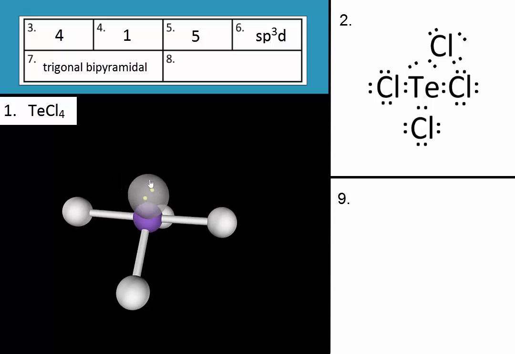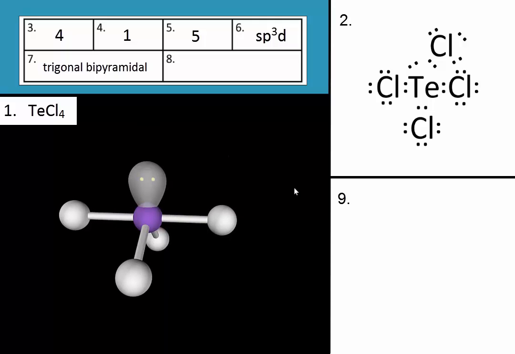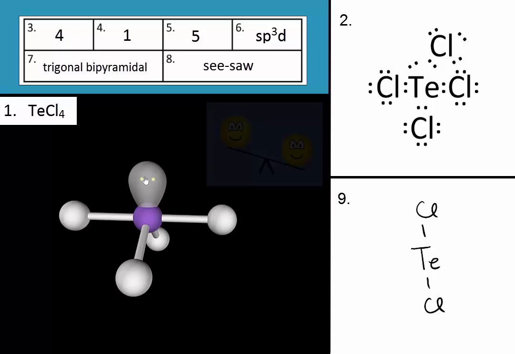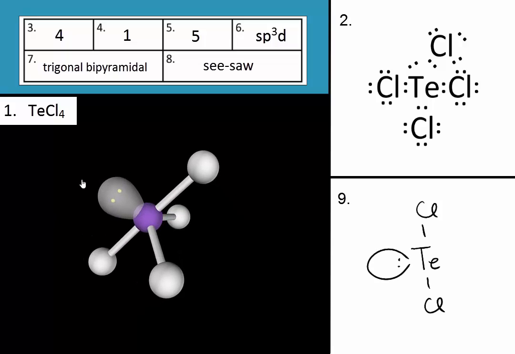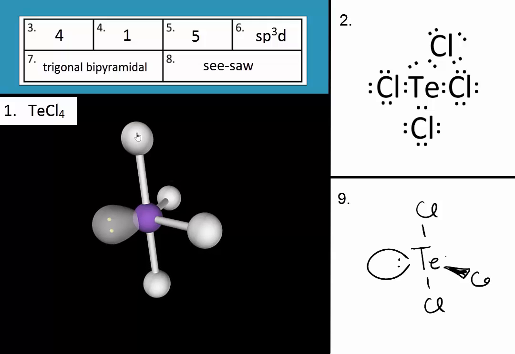This molecular geometry is a little bit tricky, and I'm sure the chemists that came up with these names of these shapes were playing with models, because this molecular geometry name for the tellurium tetrachloride is called seesaw. Now drawing it out, the shape is similar to our last two examples and will look like this.